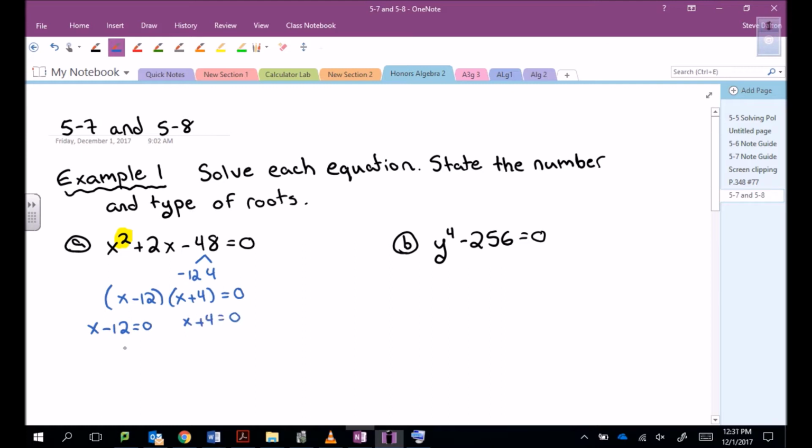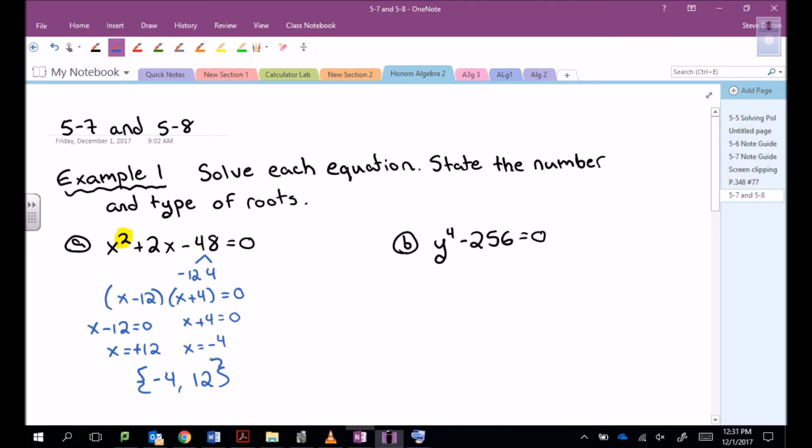When I solve that, I find out that x is positive 12, or x is equal to negative 4. Now when we list our answers, we normally want to list them in order from least to greatest, so it would be negative 4 and 12.